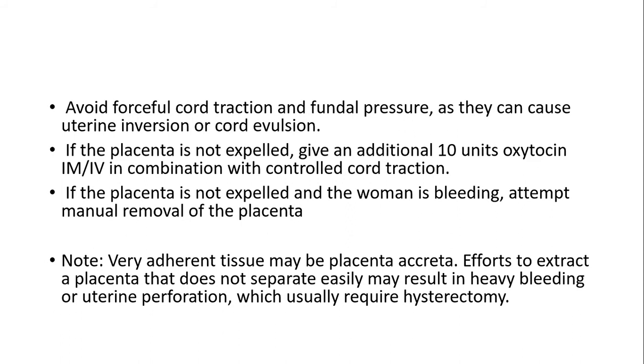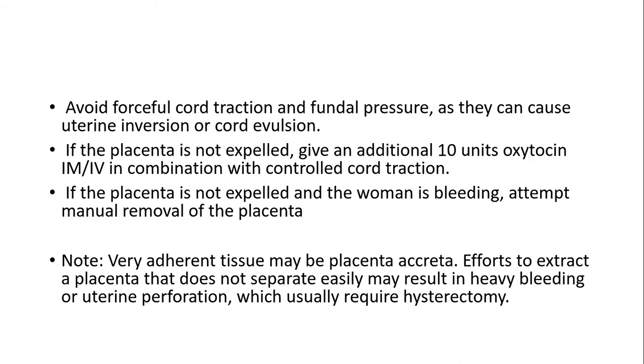If the placenta is not expelled, give an additional 10 units of oxytocin in combination with controlled cord traction. If the placenta is not expelled and the woman is bleeding, attempt manual removal of the placenta. But not very adherent tissue may be placenta accreta.